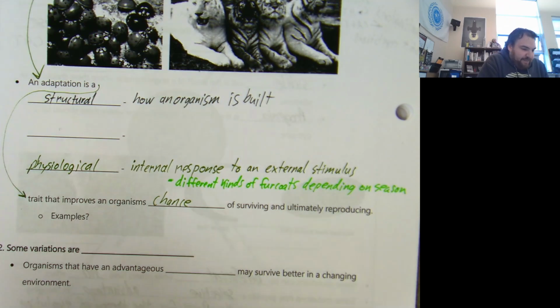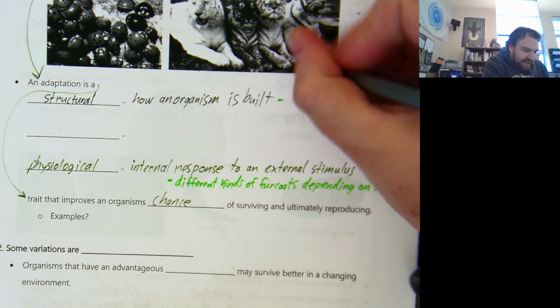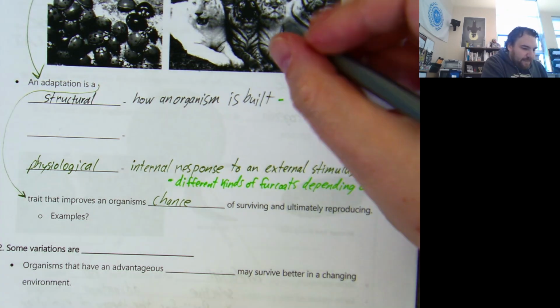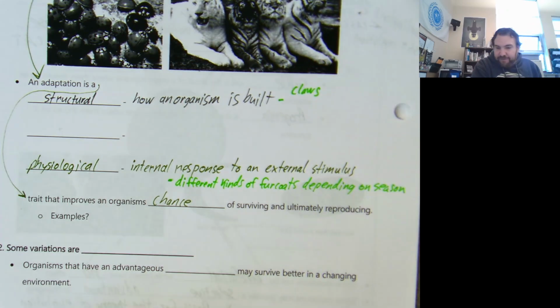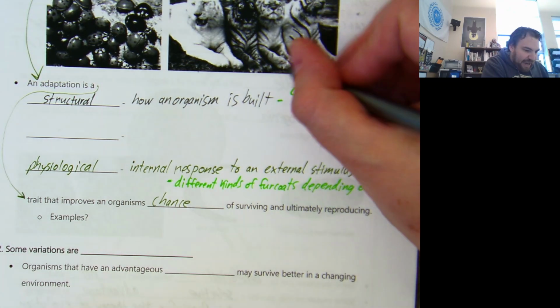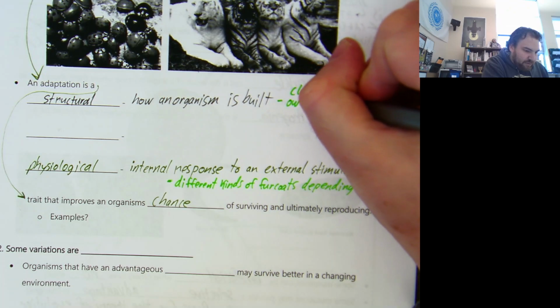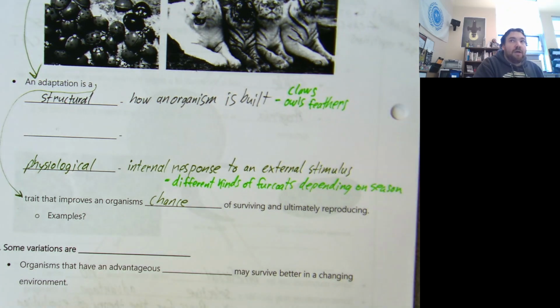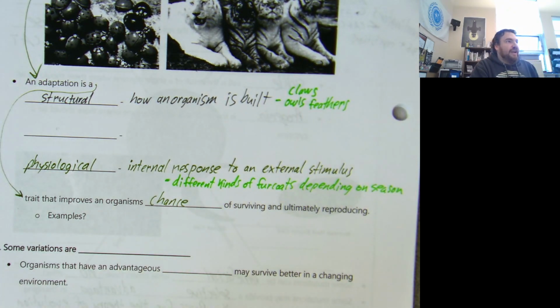The examples I'll give you are things like claws, the presence or lack thereof. What other examples do I have here? Let's go owls. Owl's feathers. Has anyone ever heard an owl fly? Did you hear the owl fly or did you just see it?